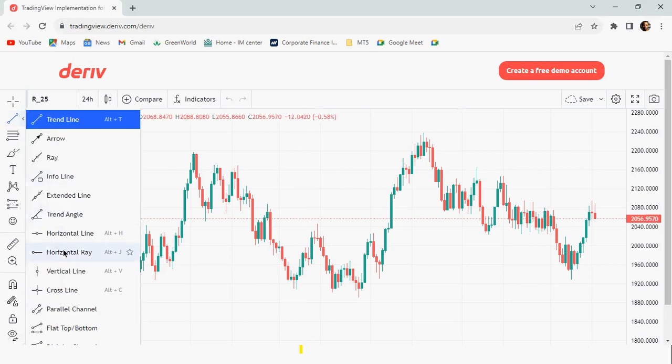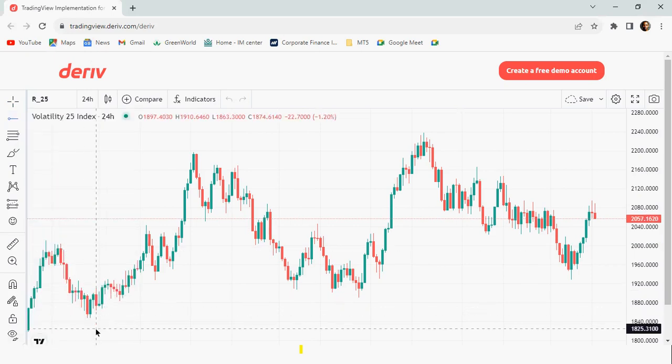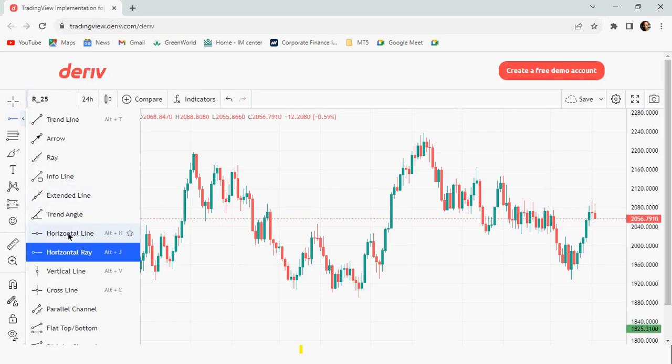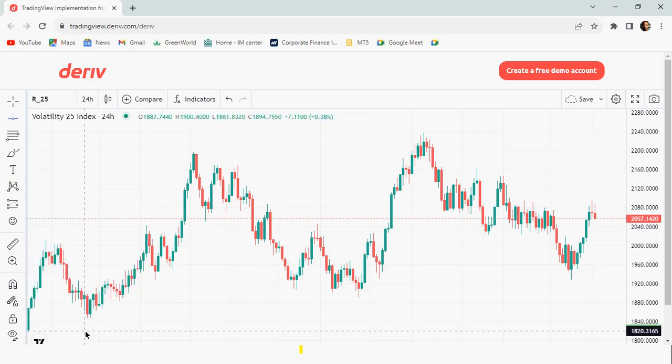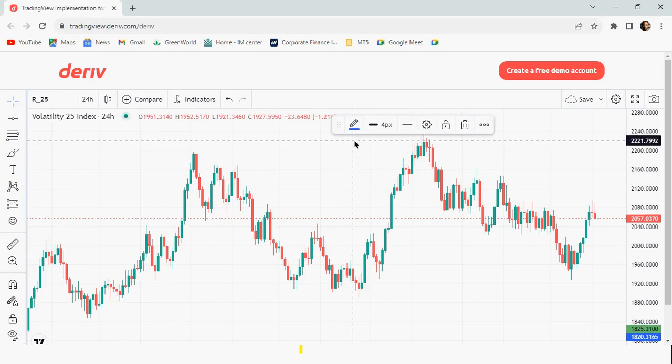This is our horizontal line. So our support level is here. Our horizontal line, okay, here it is.